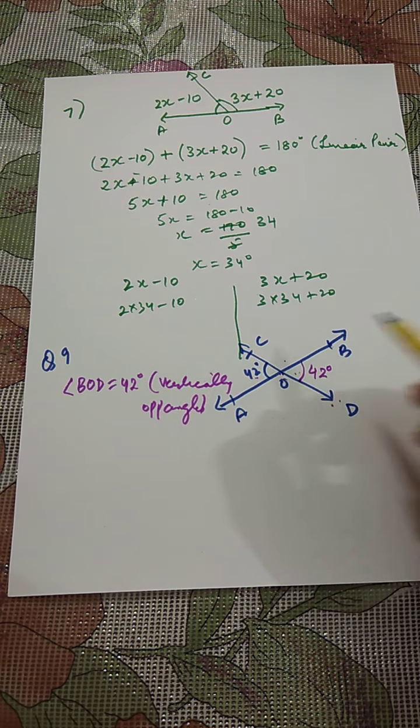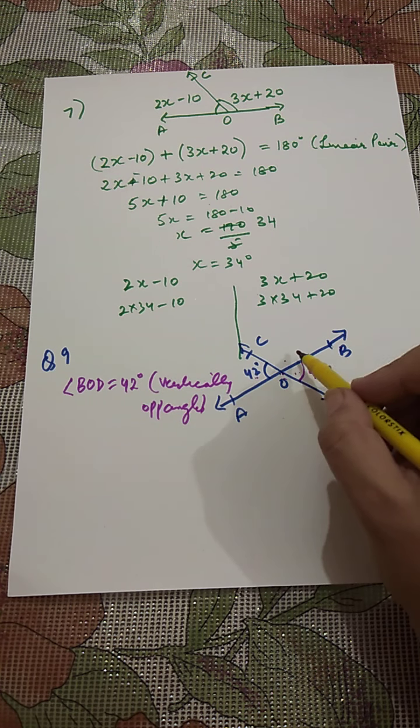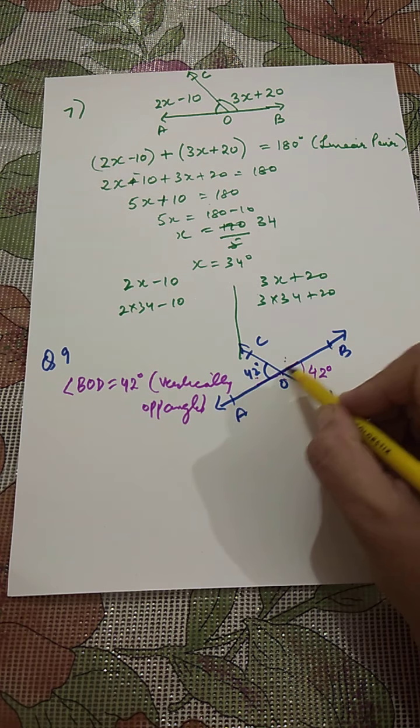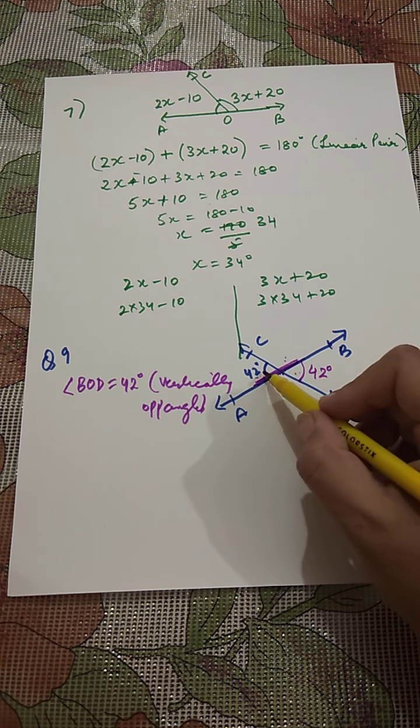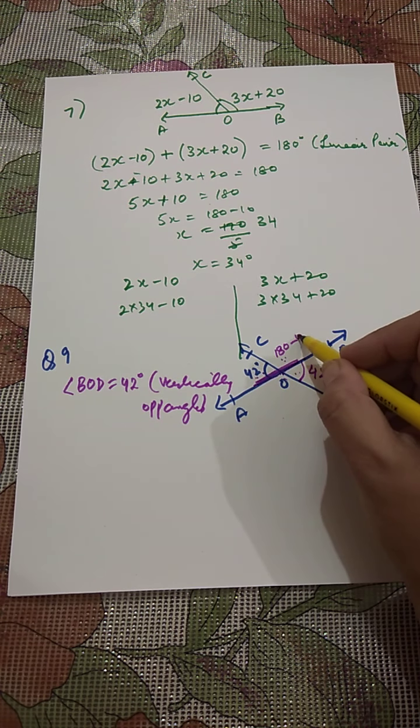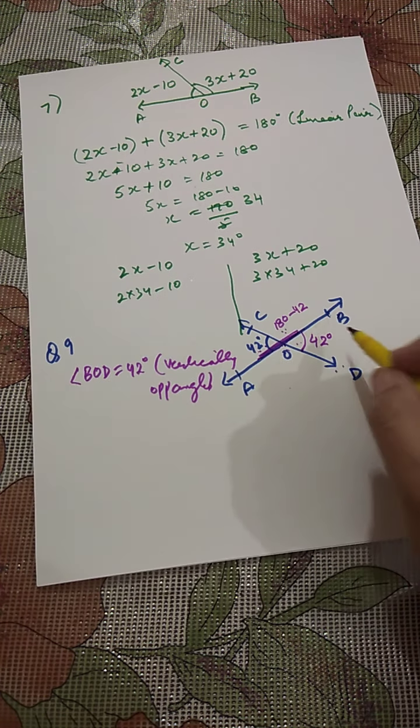Now coming to this angle, we do not know which angle it is, and it is not going to be 42 because it is not forming a vertically opposite pair with anyone. So we can see over there, this is a straight line. You can see this is 42, so this will be 180 minus 42 because it is forming a linear pair.